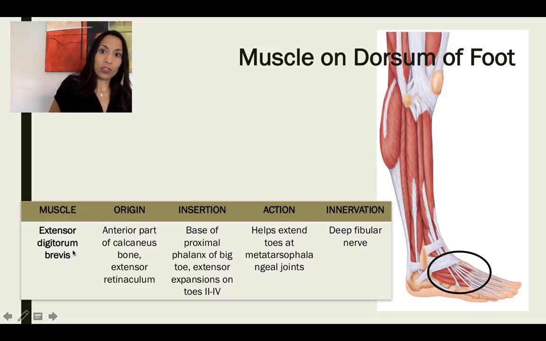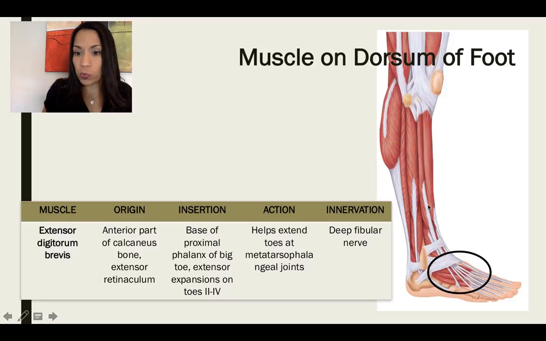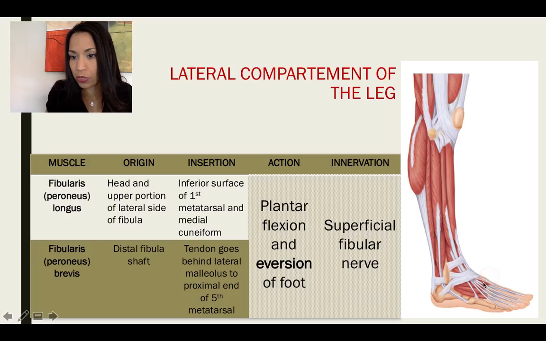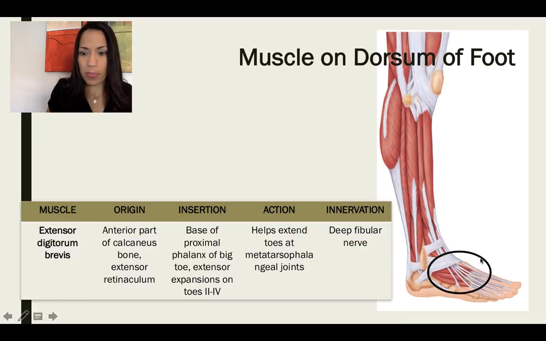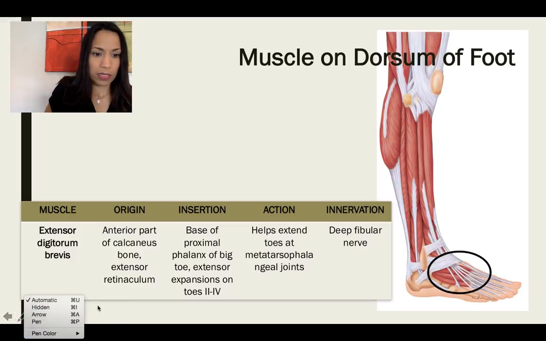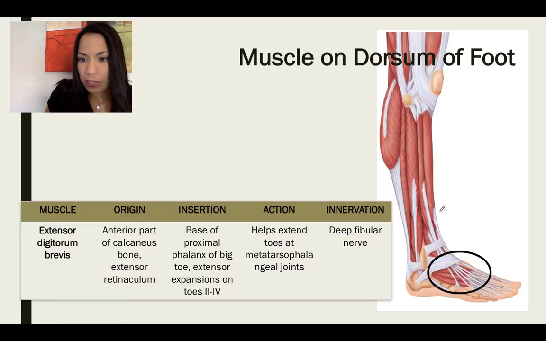So we have extensor digitorum longus on this one, on your leg, that follows and inserts. Sorry. Let me get the pen so I can avoid that from happening. Okay, so follow the tendon, okay, and insert following the 4 tendons, right?